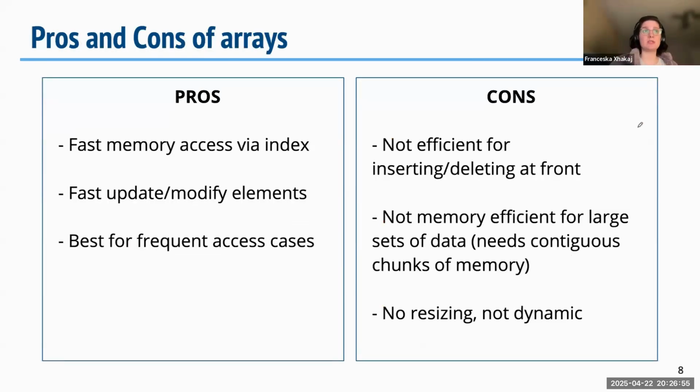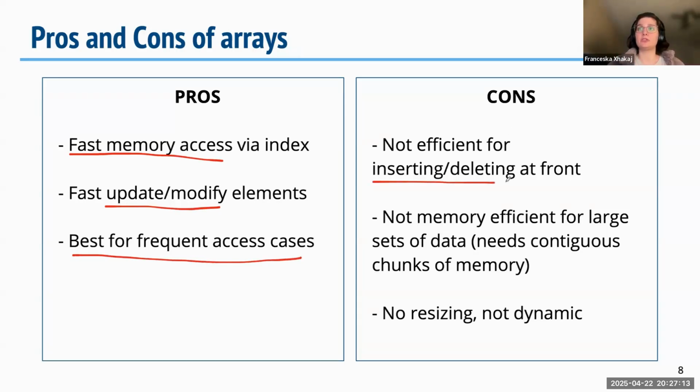So a summary here, pros and cons. Pro for arrays, very fast memory access. I can very quickly update elements, modify elements. Any kind of application where you're trying to frequently access values, arrays are really good at that. However, the negative side is that it's not efficient for inserting or deleting at the front. We said if we are trying to insert, we need to shift to create space. If we're trying to delete, we need to shift to fill up the space.